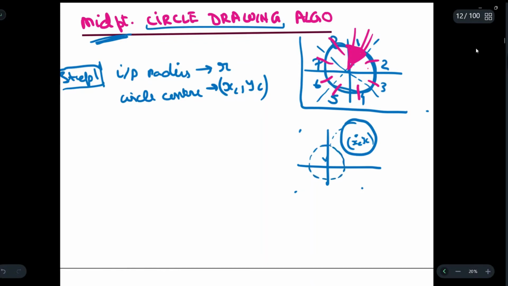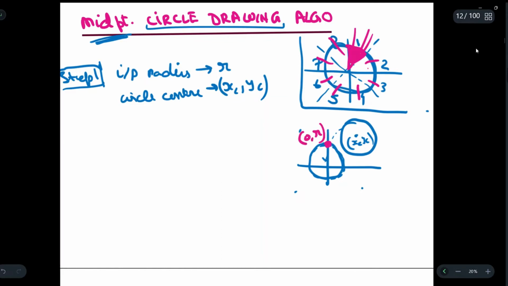Whenever we are doing the derivation or a question, or whenever we are writing the algorithm, we will consider our circle to be present at the origin, that is over here. And then for that we will use the starting point as 0 comma r.